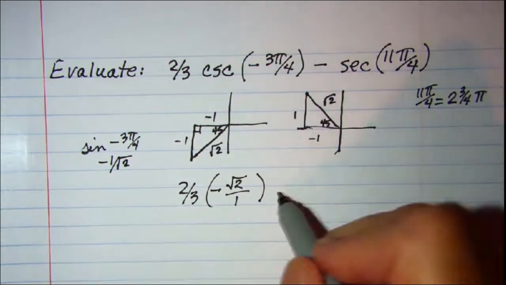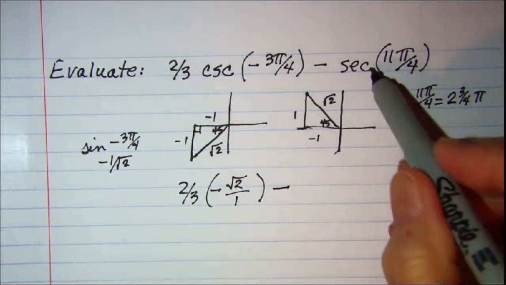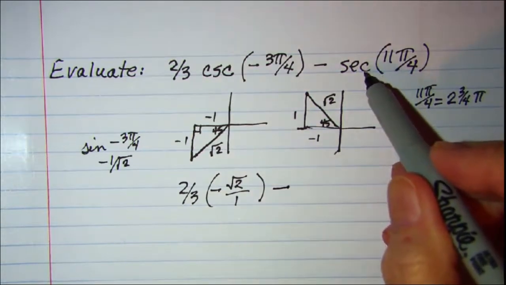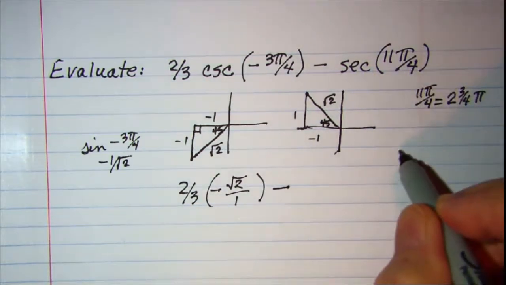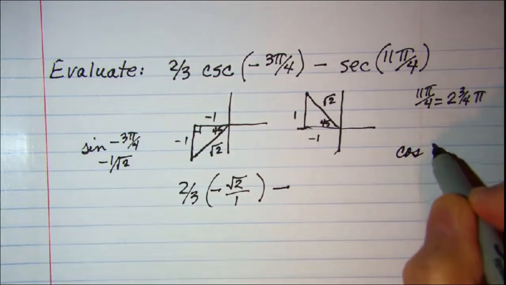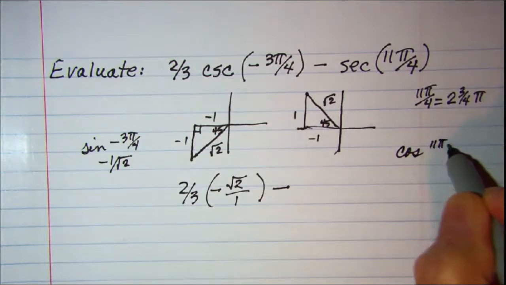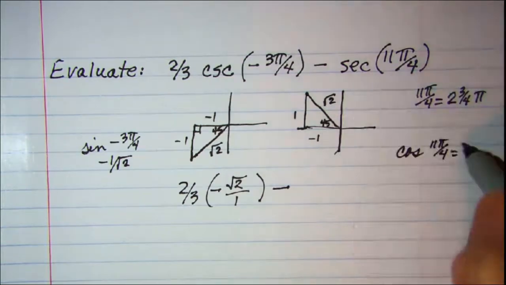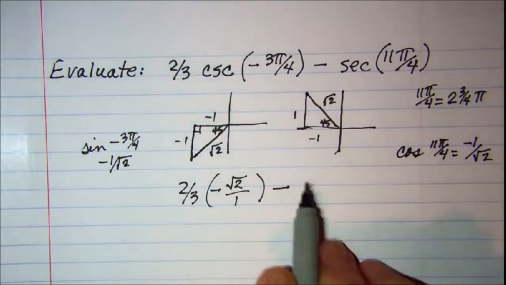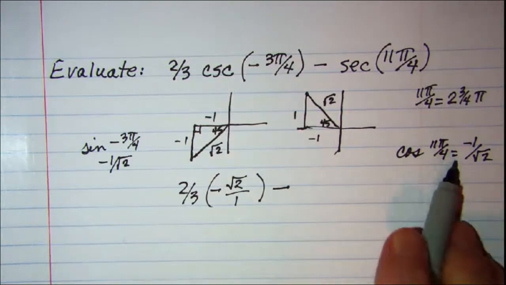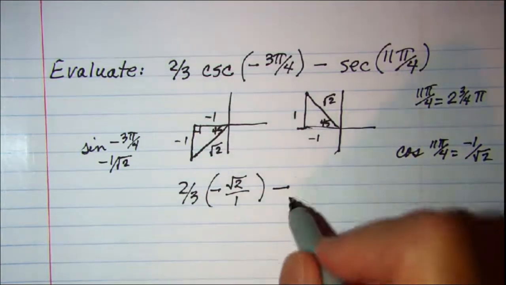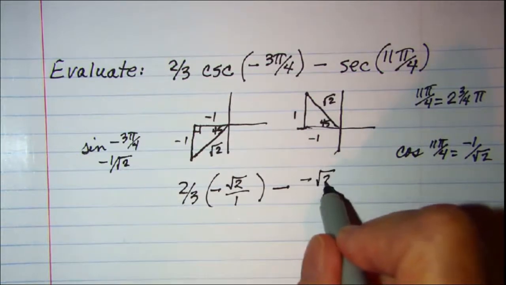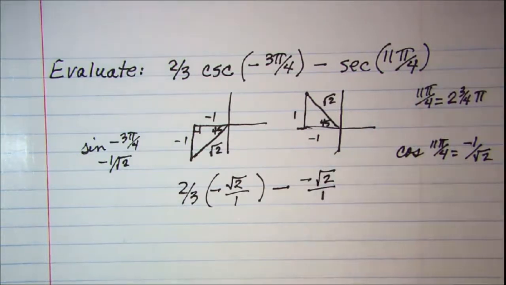And then subtract. My secant is the reciprocal of cosine, so the cosine of this angle is adjacent over hypotenuse, so that's negative 1/√2. So when I turn that upside down, I have a negative √2/1.